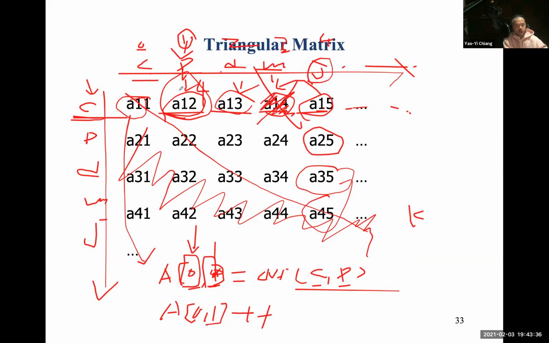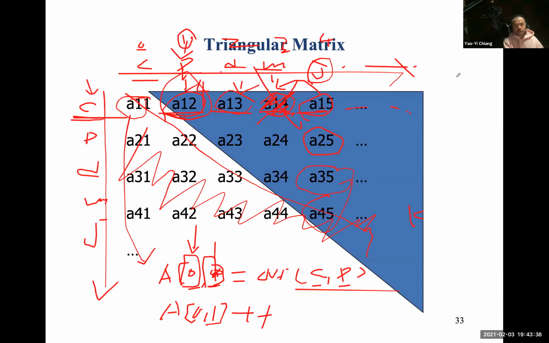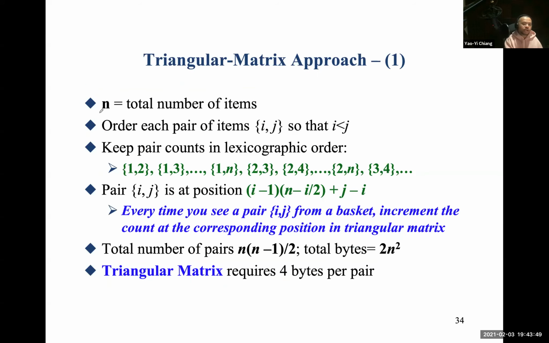So this is called the triangular matrix because we only use this part and we have to initialize a counter for every possible pair. So in this triangular matrix approach, n is the total number of item types you have in your store.